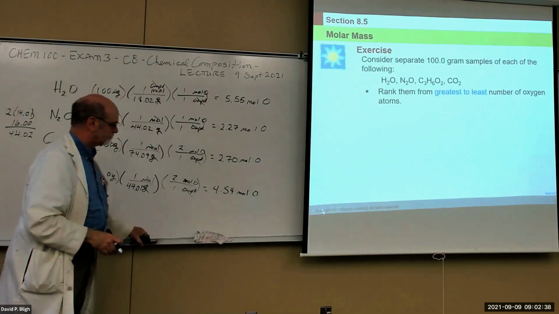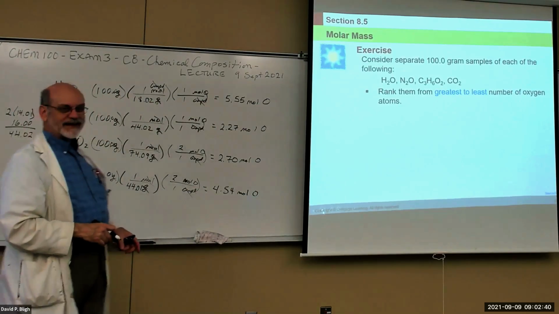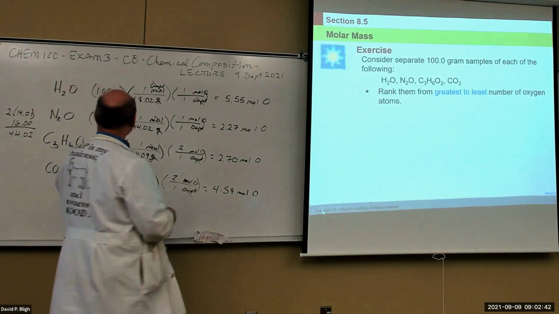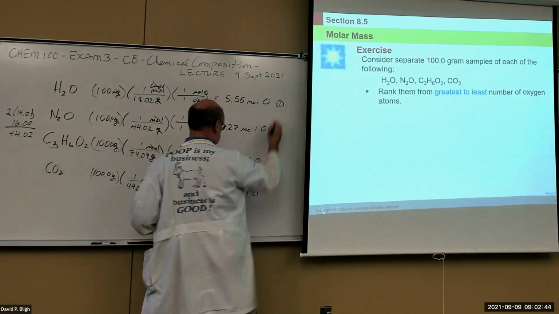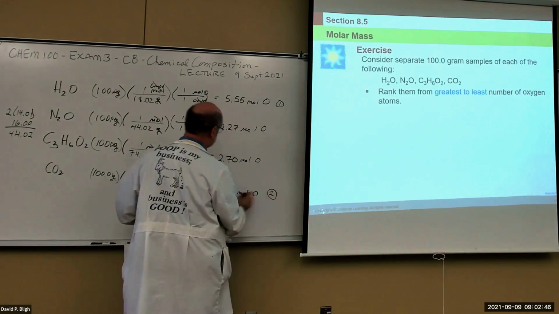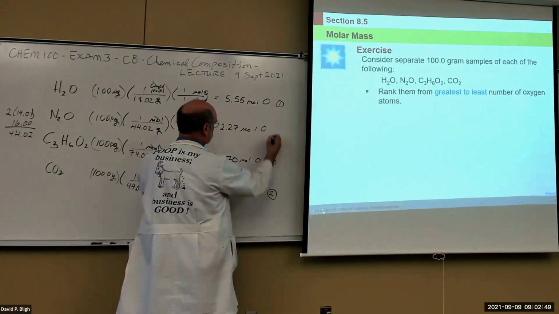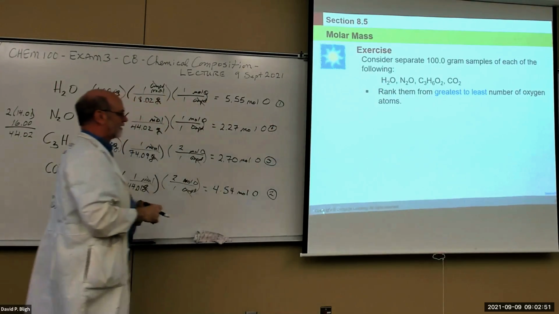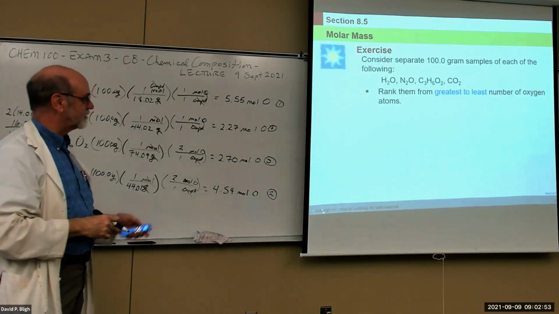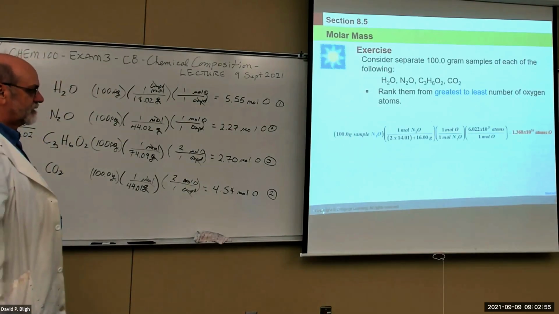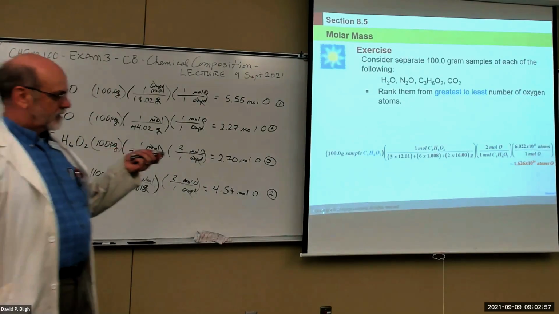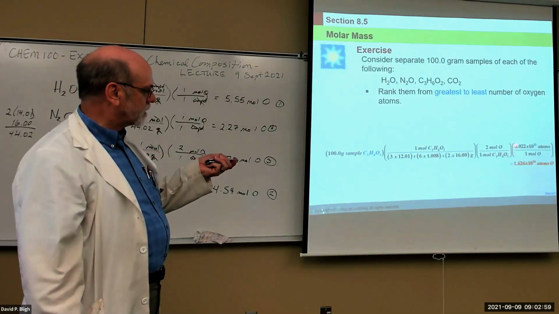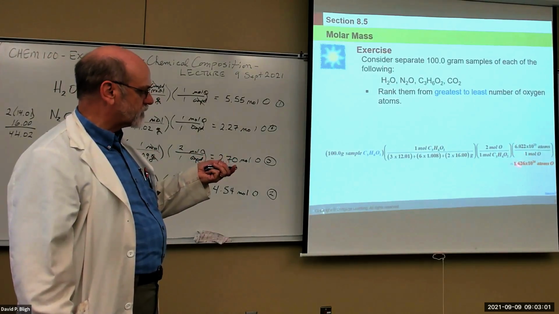Okay, so which one has the, from greatest to least? So this is the first one, this is the second one, this is the third one, and this is the fourth one. Okay. Now, what you'll notice here is I went ahead and calculated numbers of oxygen atoms.